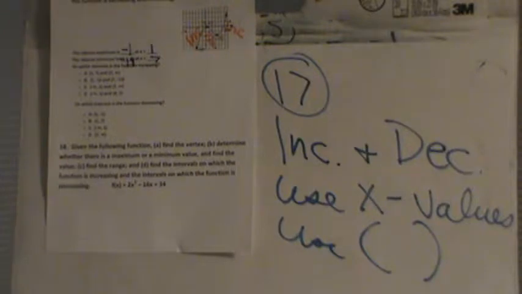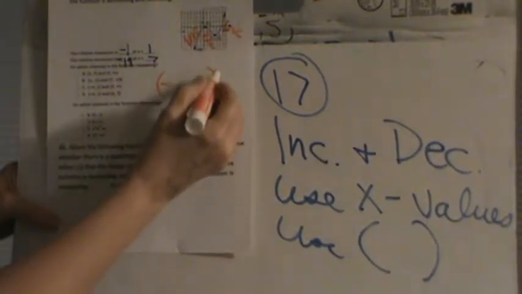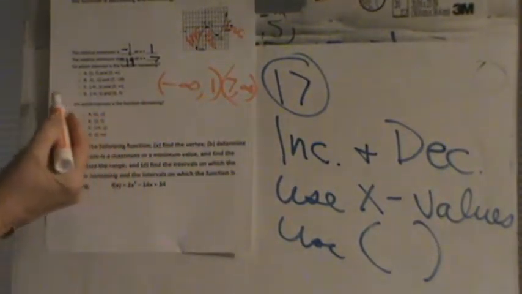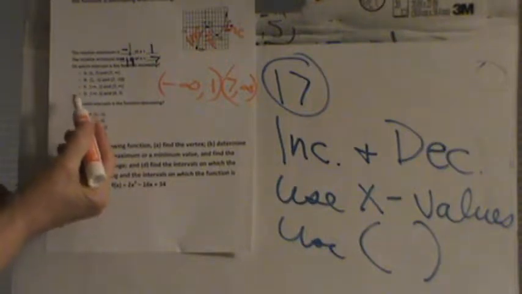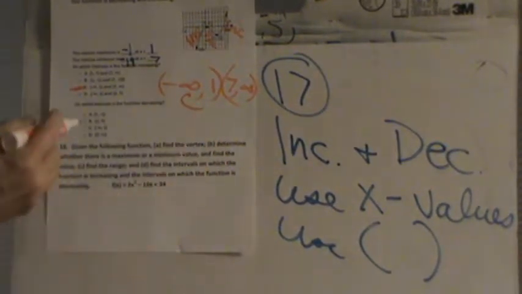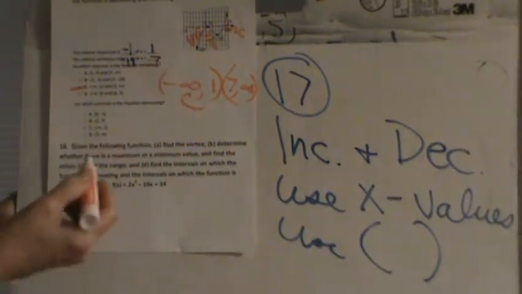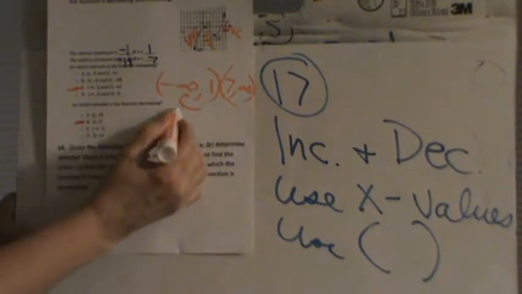So there are 2 increasing intervals: from -infinity to 1, and then it's also increasing from 7 to infinity. That would be answer C. And then of course it's decreasing from 1 to 7. So that's answer B.